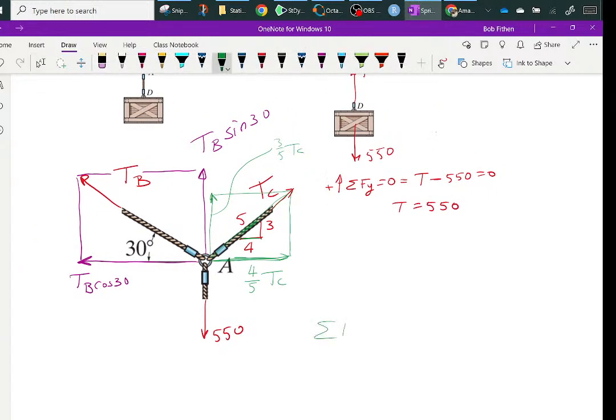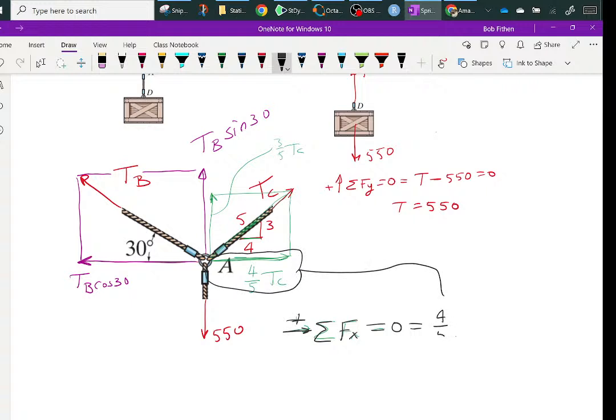So what I'm going to do is sum the forces in the X first. Generally speaking, that's what you do first, though you don't have to. So the sum of the forces in the X equals 0. I've got this component that'll go right here. It's going in the positive direction.